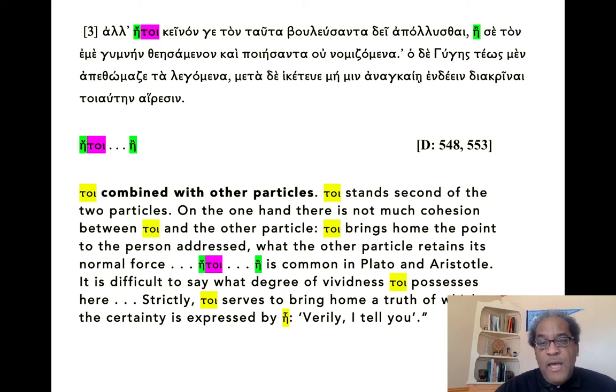On the one hand, there is not much cohesion between toi and the other particle. Toi brings home the point to the person addressed, while the other particle retains its normal force. So ē toi is common in Plato and Aristotle, and it is difficult to say what degree of vividness toi possesses here. Strictly, toi serves to bring home a truth of which the certainty is expressed by ē, verily, I tell you.